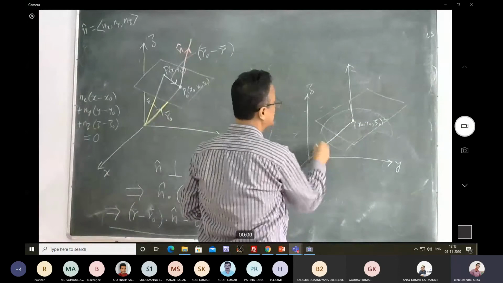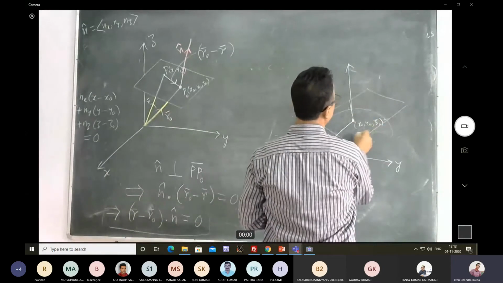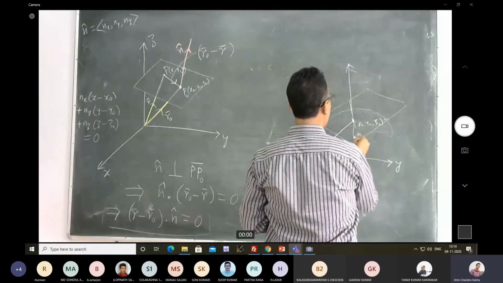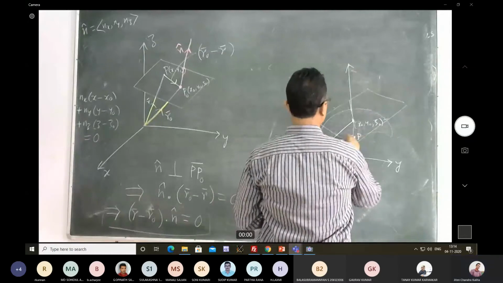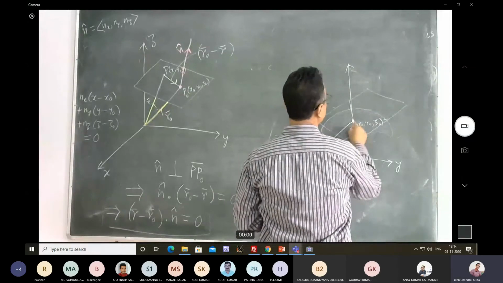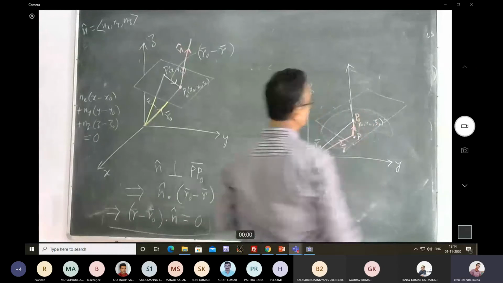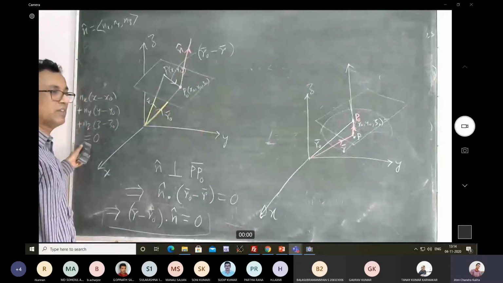This I have called R naught. Let me take a neighboring point here, towards the right. This is R, so this is P, and this is P naught.